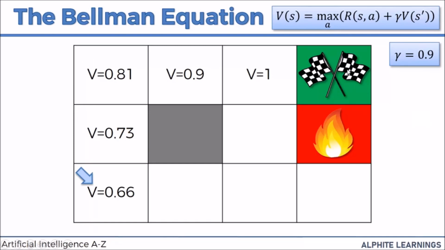Now, what should be done here? Should I use the same equation, something like gamma times 0.6? No, right? If this is the place, my easiest way is going to this side and this, right? So I have two possible ways.